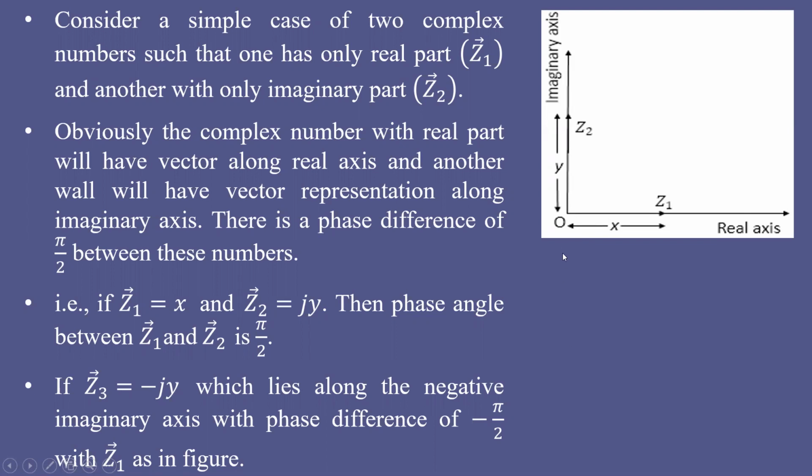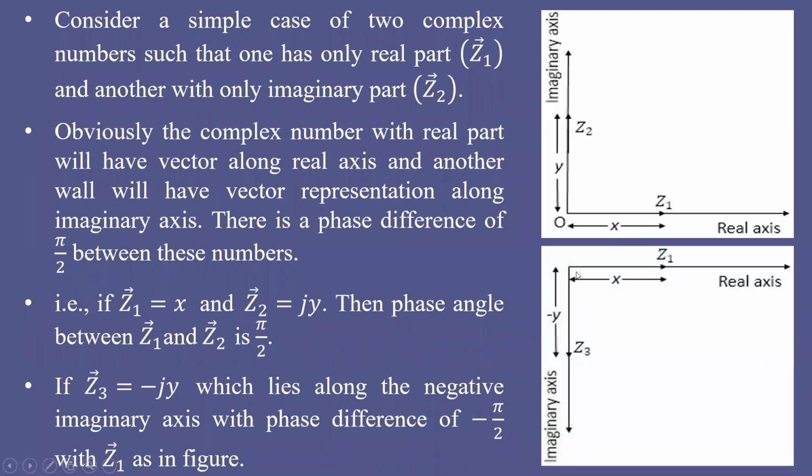This is the negative imaginary axis. If you represent that Z3, which is having minus jY, then definitely it will lie on the negative imaginary axis. And again, the phase difference between them is minus pi by 2. With respect to the real axis, the angle is minus 90 degree. This one is minus 90. So therefore, the complex number which is having negative imaginary part will have the phase difference of minus 90 degree with respect to the positive real number.